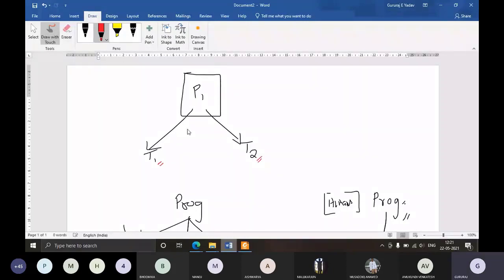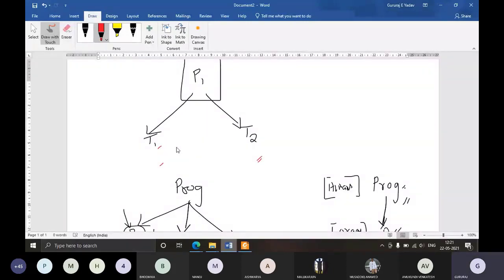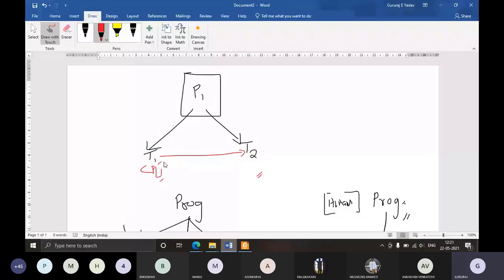So whenever the OS switches from thread 1 to thread 2, say the CPU is with T1 and the OS gives the CPU to T2, most of the content is the same, because both T1 and T2 are utilizing the same context of P1. Only minor differences will be there. If you take care of those minor differences, that is sufficient. No major differences will be there.